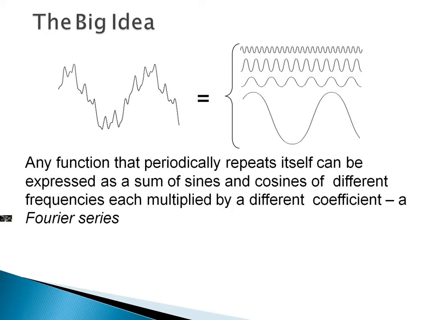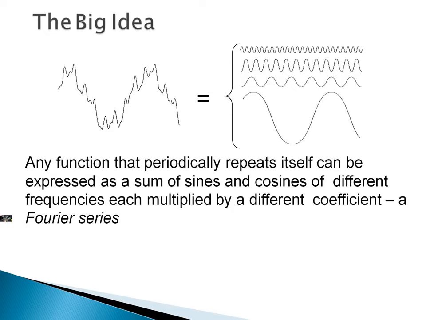So one periodic function is a combination of multiple sines or cosines. Small equations put together give us a periodic function.